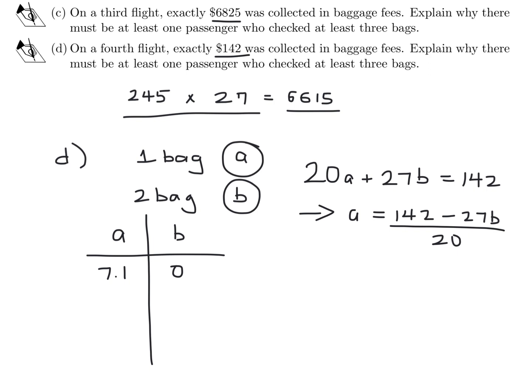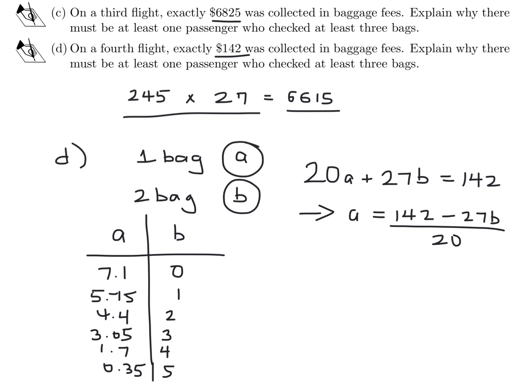When you put B equals 1, you get 5.75. When it's 2, it's 4.4. When it's 3, it's 3.05. When it's 4, it's 1.7. And when it's 5, it's 0.35. And then when it's 6, it starts turning into negative numbers for A, which obviously is not possible since A has to be a positive integer.